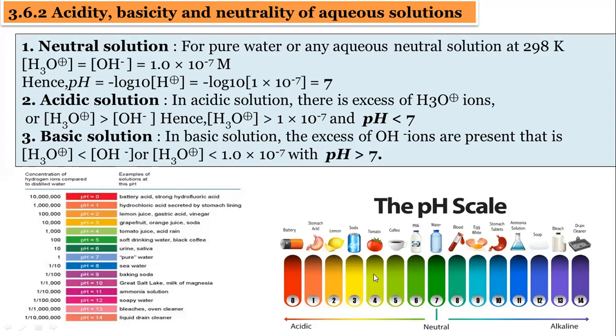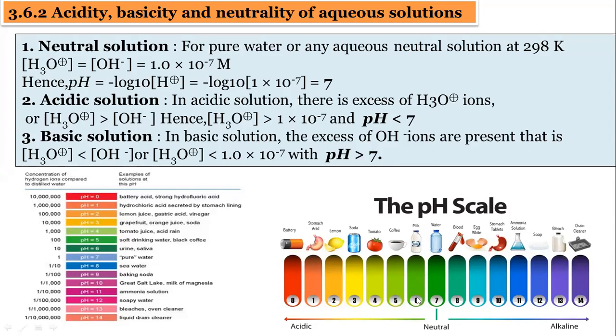Then tomato juice, acid rain, which is having the pH 4. Coffee. So coffee is not good for health because it creates acidity, and if you take the pH of coffee, it is 5.